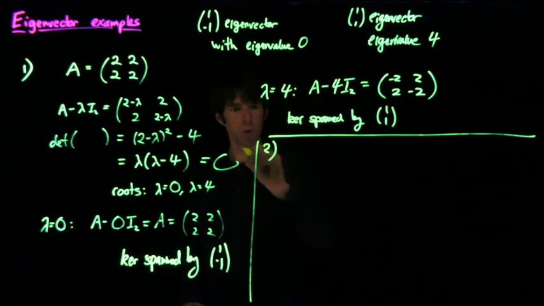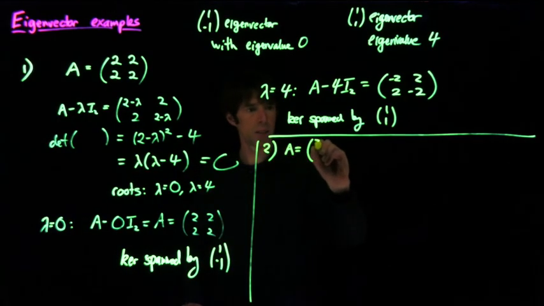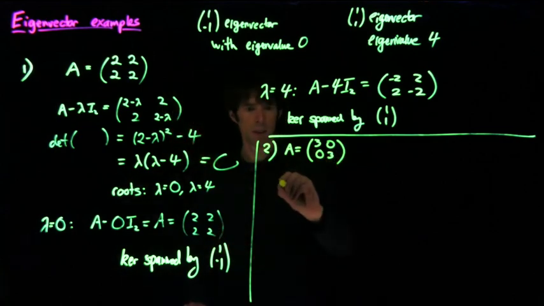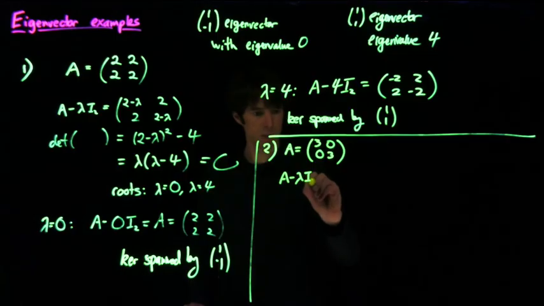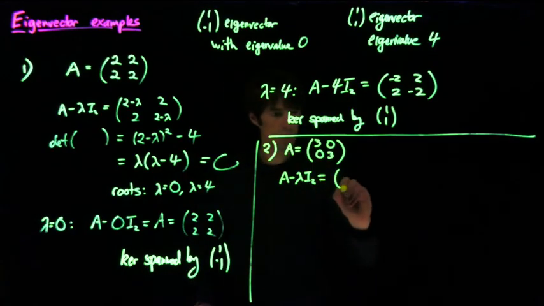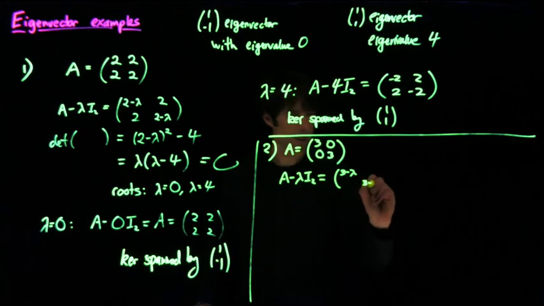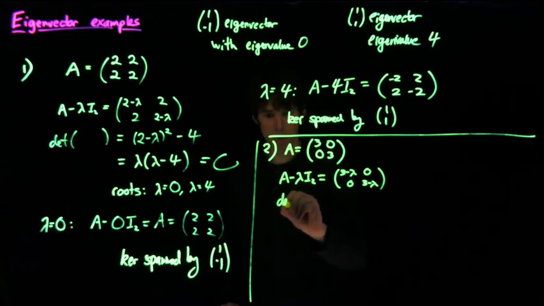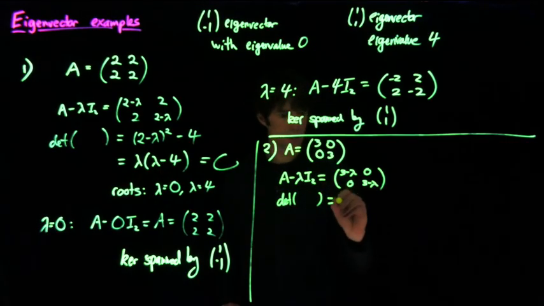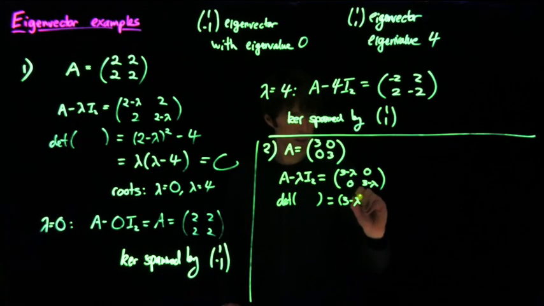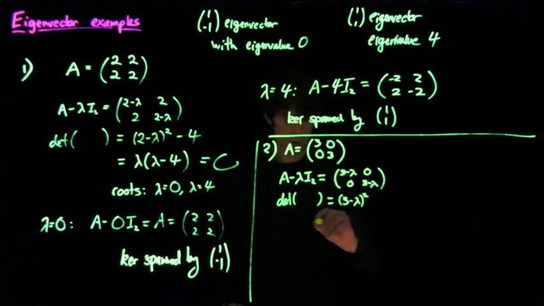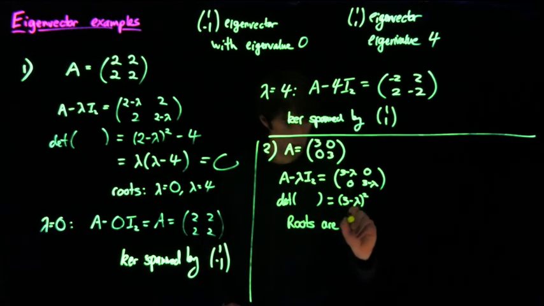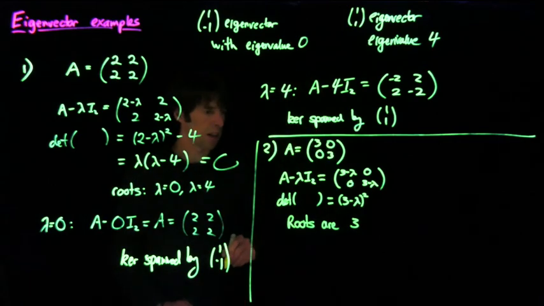Okay, example 2, let's take the matrix A to be 3, 3, and zeros off the diagonal. A minus lambda times the 2 by 2 identity matrix is equal to 3 minus lambda, 3 minus lambda, 0, 0. And when I take the determinant of this thing, I get (3 minus lambda) squared minus 0. So the roots are, well, there's just one, and it's 3.